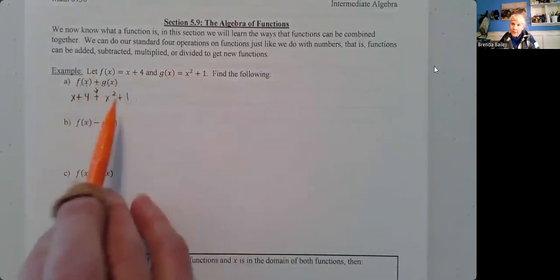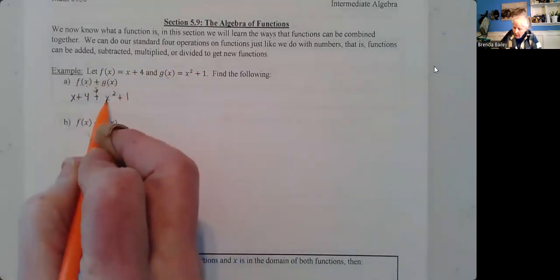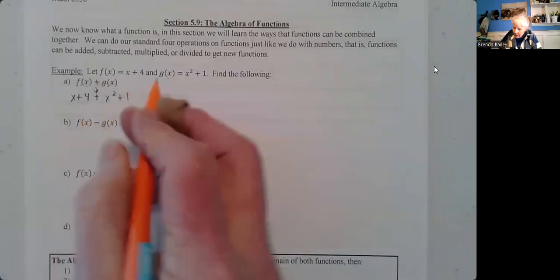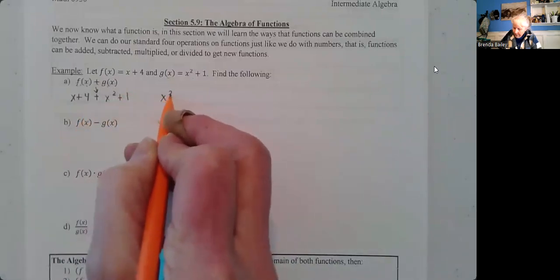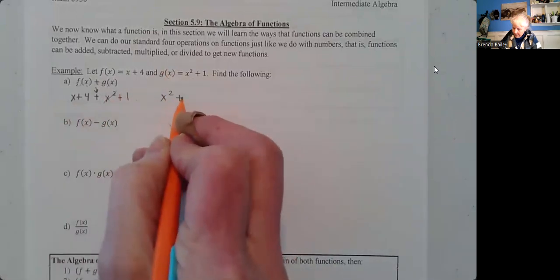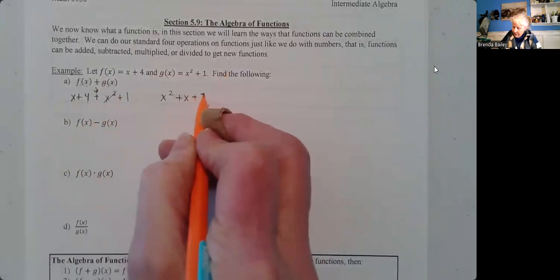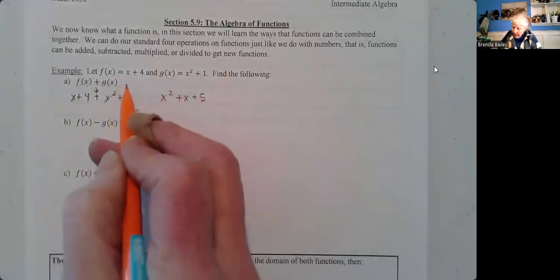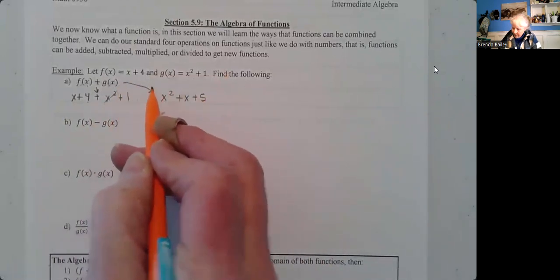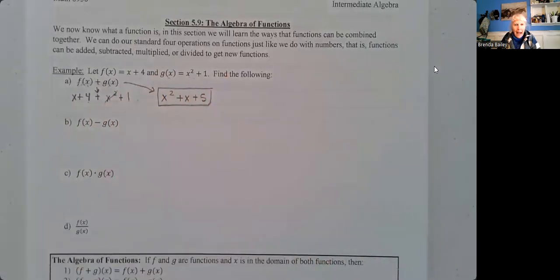And then you do have to simplify it or Pearson will not count it right. So I'm going to put our highest power first. And then we have x. And then 4 plus 1 is 5. So this is equal to that. You're adding those two functions together.